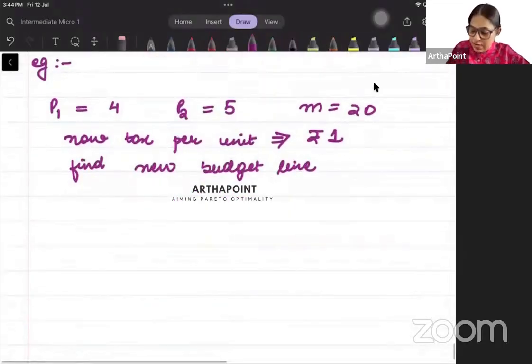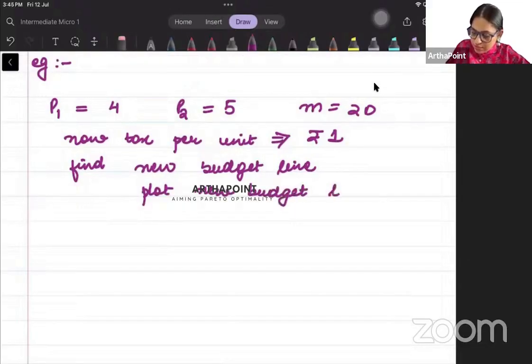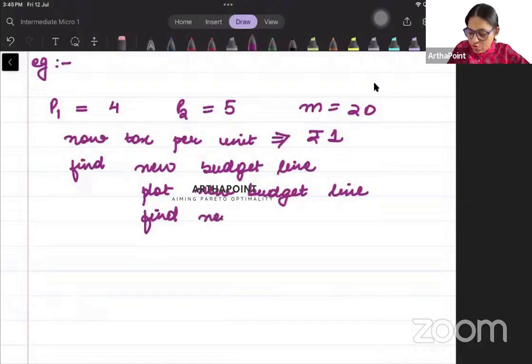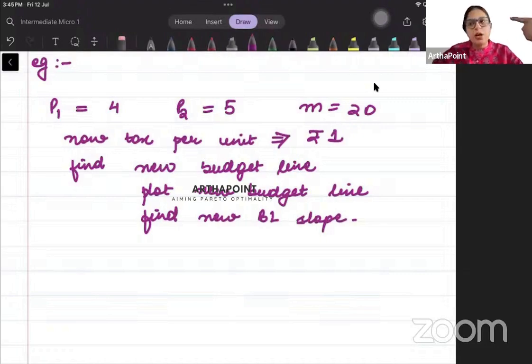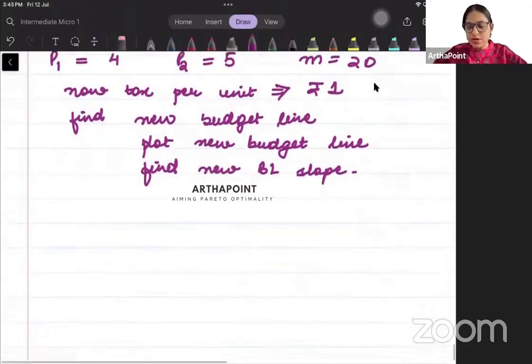Right, beta? Plot the new budget line. Find the new budget line slope. न्यू बजट लाइन निकालो, ओल्ड बजट लाइन निकालो, दोनों का स्लोप निकालो, दोनों को ग्राफिकली प्लॉट करो. This is all that you need to go ahead and do.